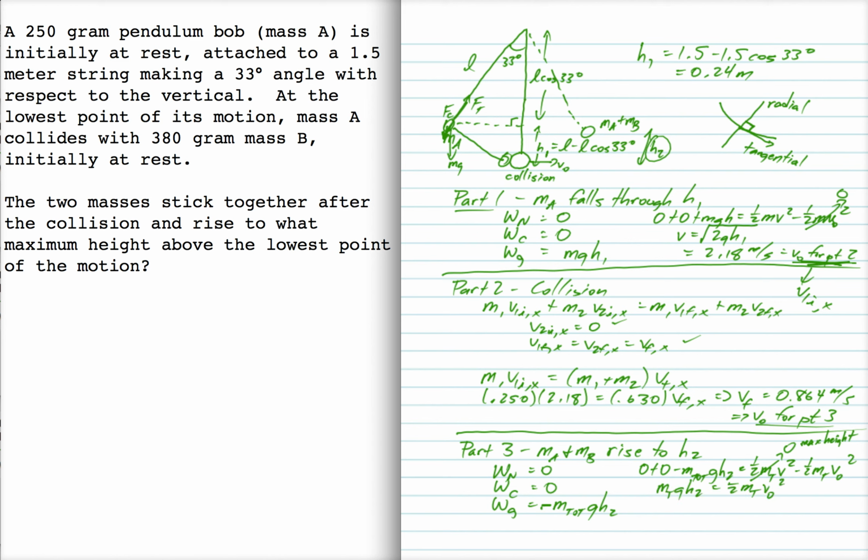The m total cancels out, and I'm left with h2 is equal to v naught squared over 2g. That's 0.864 squared over 2 times 9.8, which is 0.038 meters. And we're just asked to find the maximum height above the lowest point in the motion. We're not asked to find the angle, so we're done.